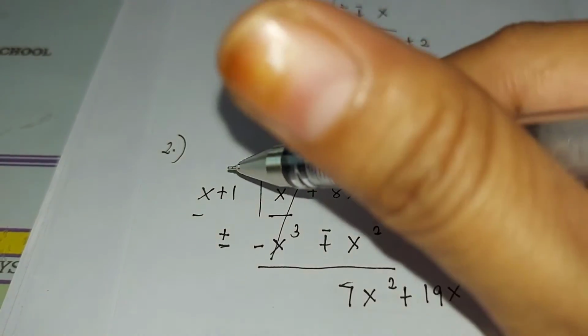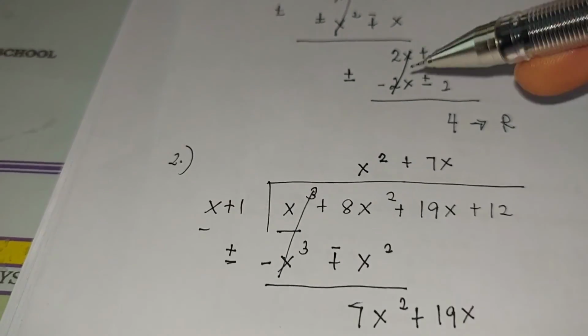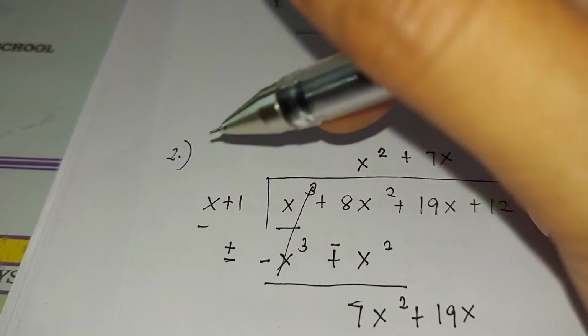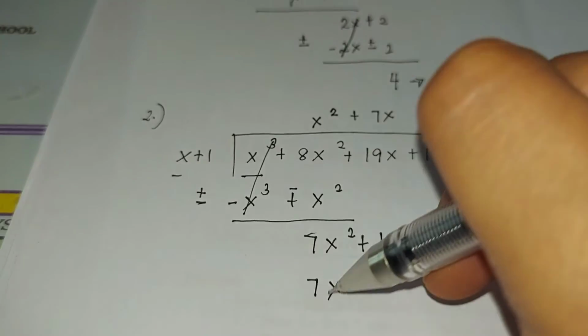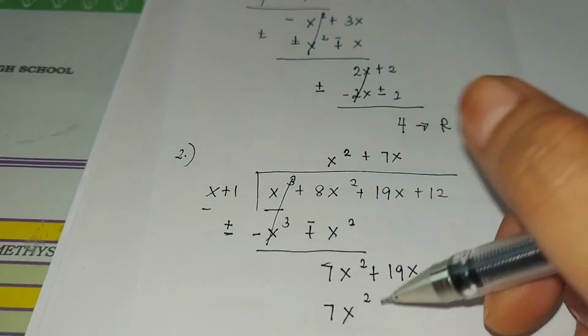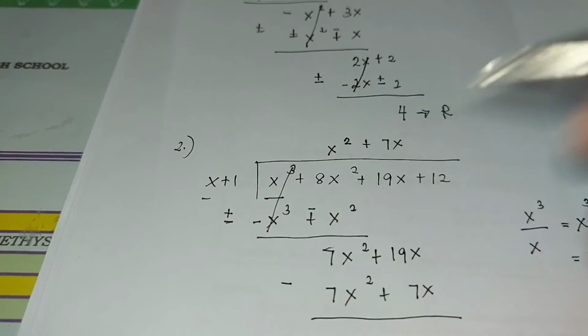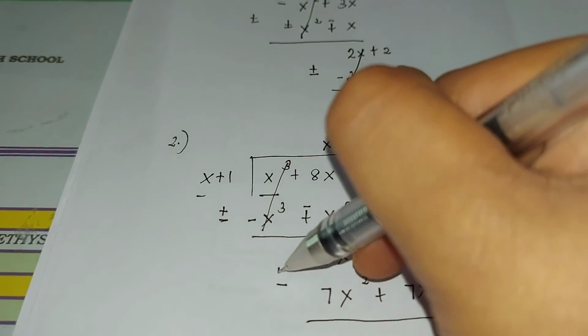7x squared divided by x is positive 7x. Multiply 7x times x, 7x squared. 7x times positive 1, positive 7x. Minus. Keep, change.